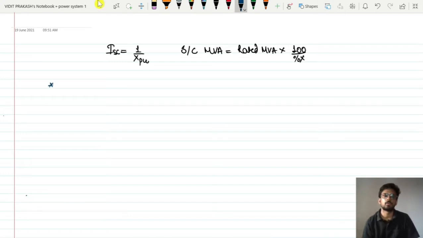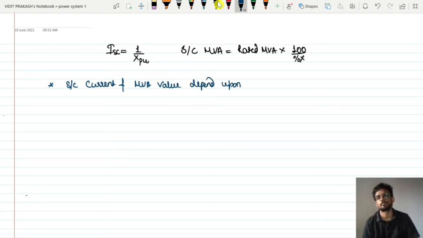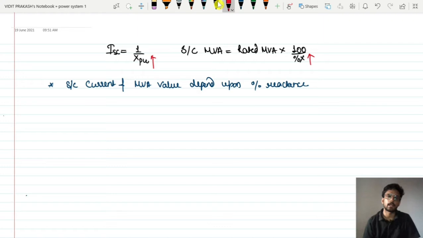So short circuit current and MVA value depend upon percentage reactance, right? So, if the per unit reactance or percentage reactance increases, it will reduce the short circuit value, right?